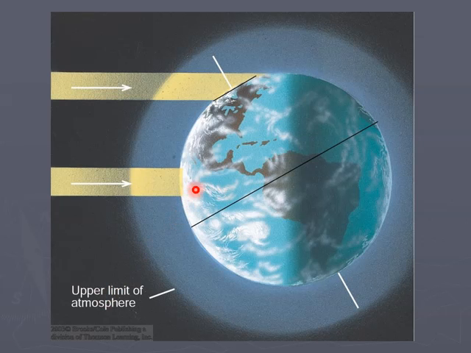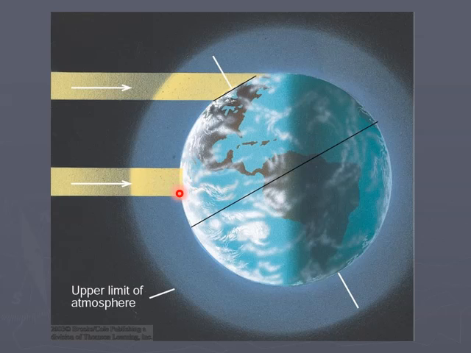All right, so here's how the tilt affects summer and winter. If you look at up here at the North Pole, and this would be summertime, you can see that the sun's rays get spread across this area here, but down here, the sun's rays are spread over a much smaller area.